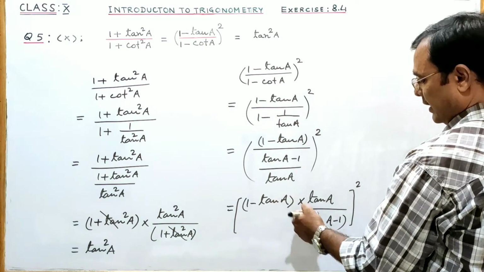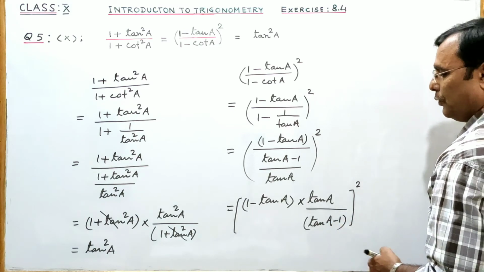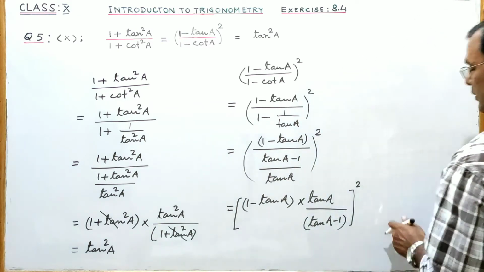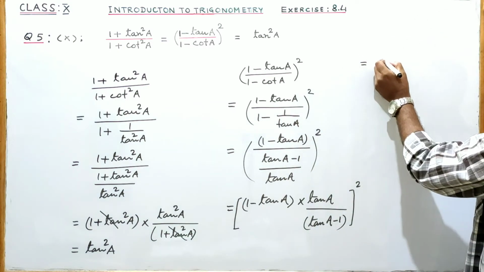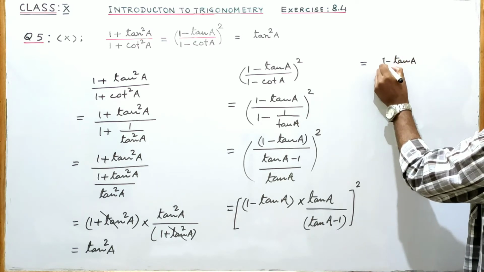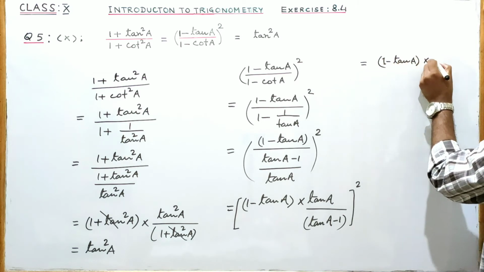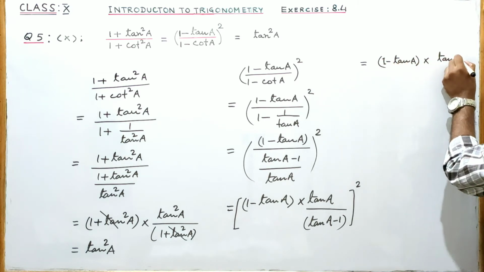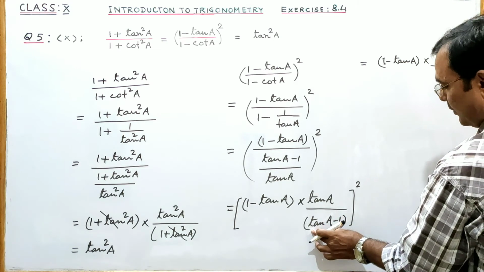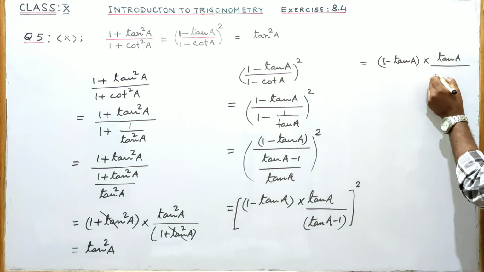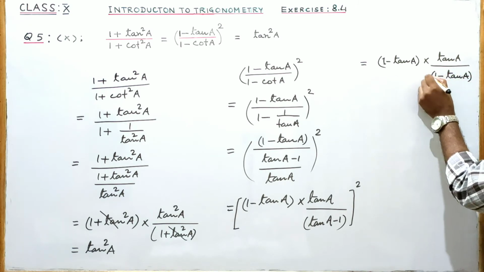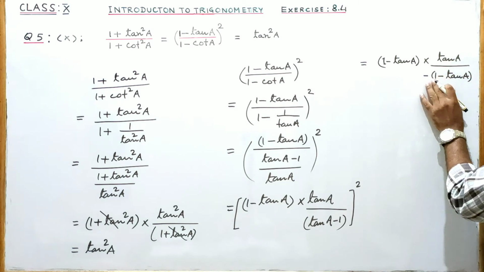Here is 1 minus tan a, here is tan a minus 1. So this further you can write 1 minus tan a into tan a by, let's write this tan a minus 1 as 1 minus tan a, minus sign we have to take common.